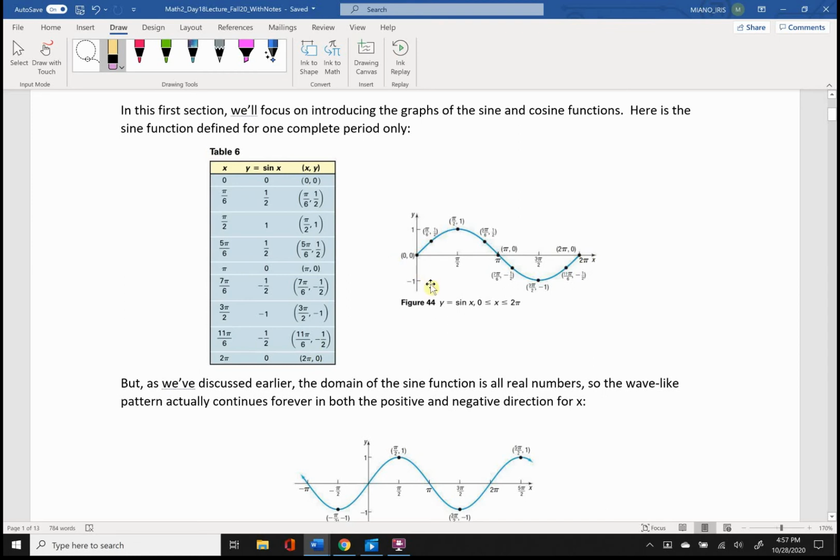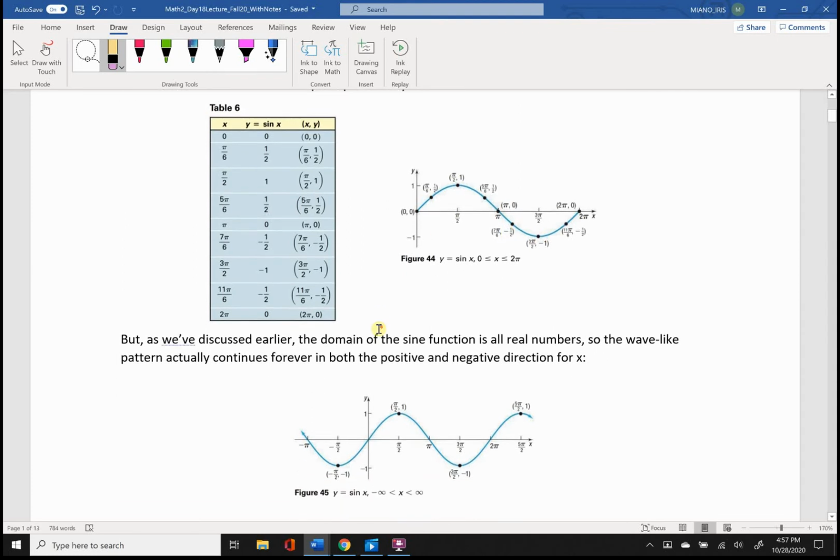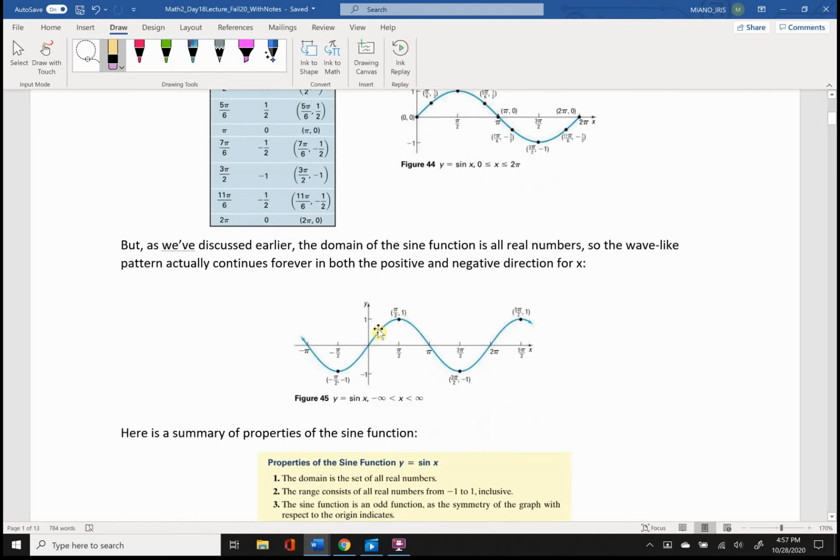So there are some key features that we are concerned about in regard to being able to draw a sine function, and that's going to be anytime it crosses the x-axis, what are the values of its maximum and minimum areas, and also a couple of points in between so we can get an idea of being able to draw the curve nicely, okay? But we know that the domain of the sine function is all real numbers.